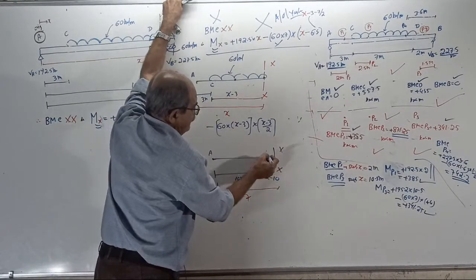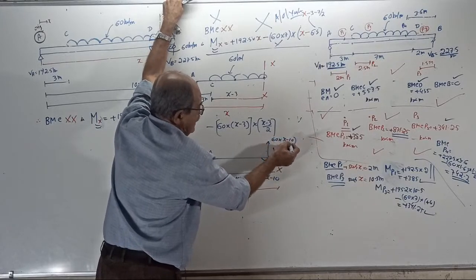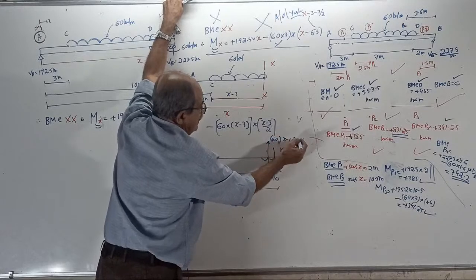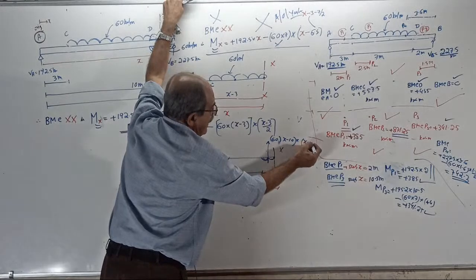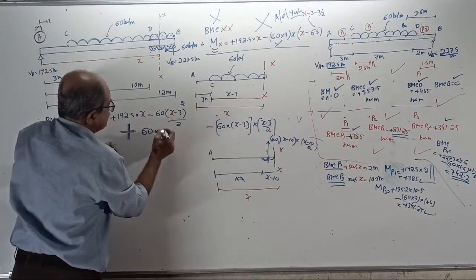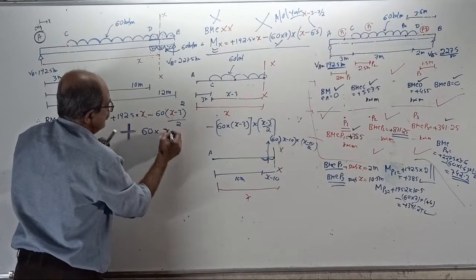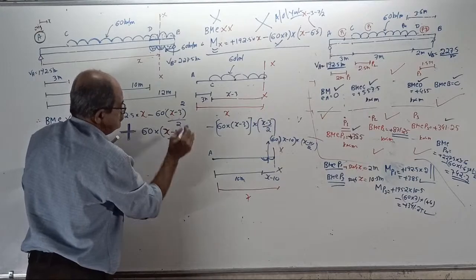Therefore, the total load is 60 into x minus 10, into x minus 10 by 2. I will write 60 into x minus 10 whole square by 2.